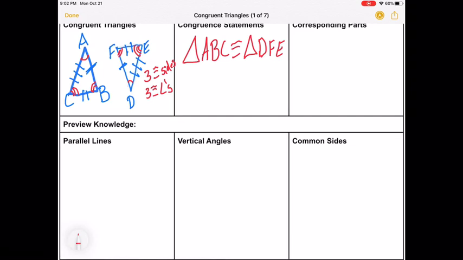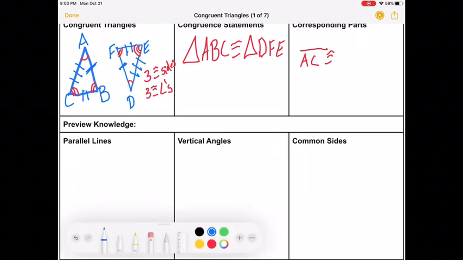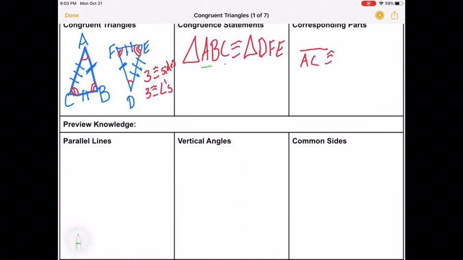And then corresponding parts. So looking back to the original one again. So line AC, if you look at what matches up on the triangle, and you can even look within the statement here, if you have AC, that would obviously have to match up with line DE.